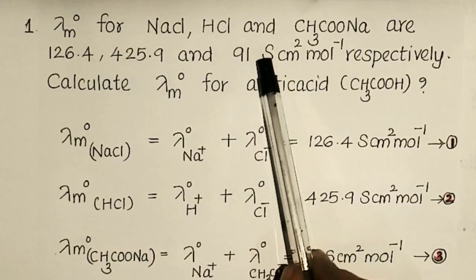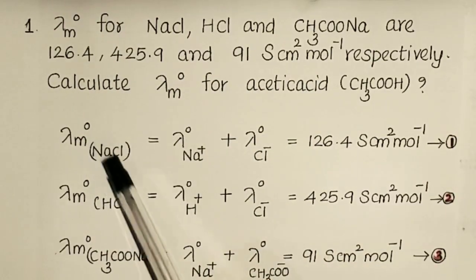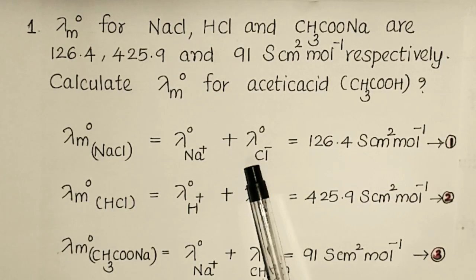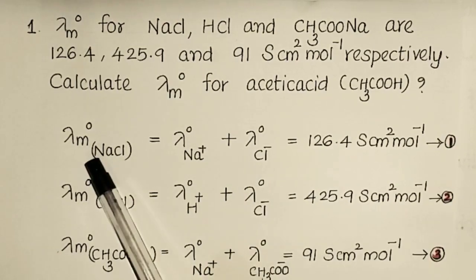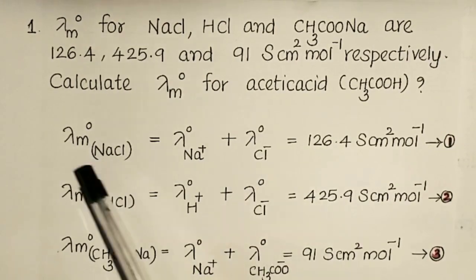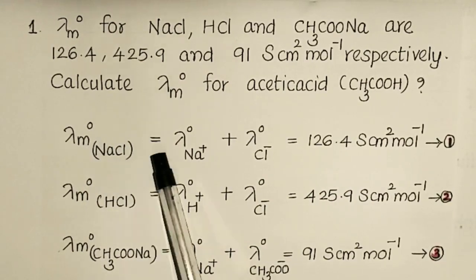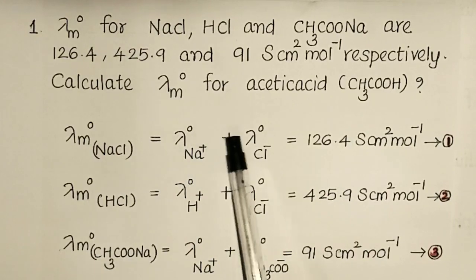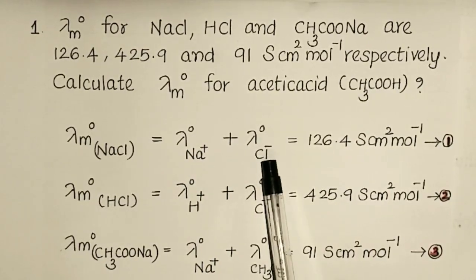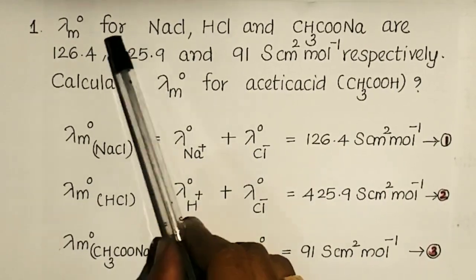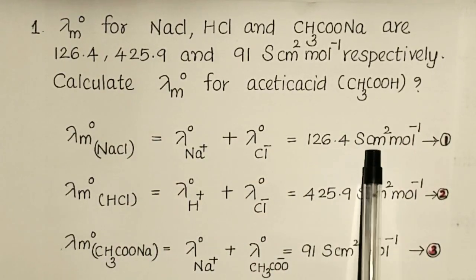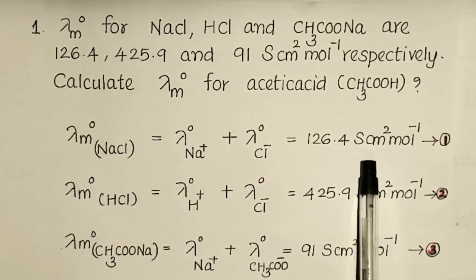The given values are lambda m0 for NaCl. Applying Kohlrausch's law, lambda m0 of NaCl is equal to lambda 0 of Na+ plus lambda 0 of Cl-, which is given as 126.4 Siemens centimeter square mole inverse.